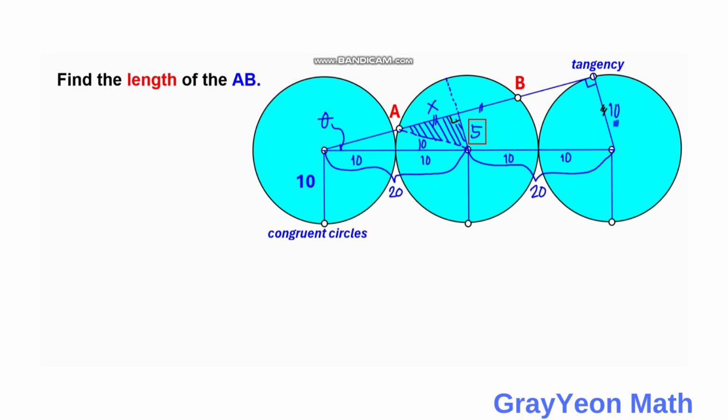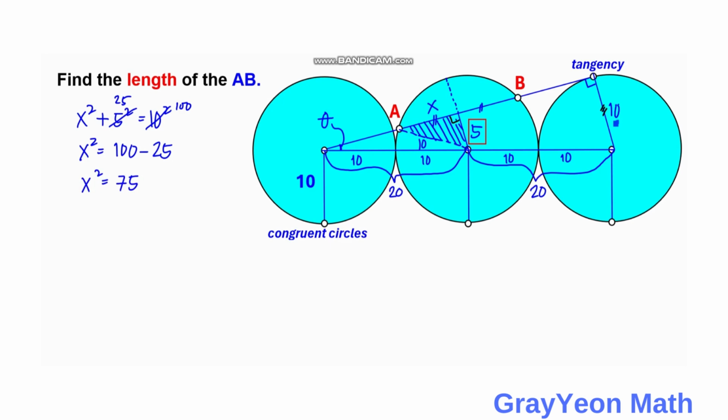The hypotenuse is 10. So 10 squared is equal to x squared plus 5 squared. So x squared is equal to 10 squared, which is 100, minus 25. 100 minus 25 is equal to x squared, and x squared is equal to 75.